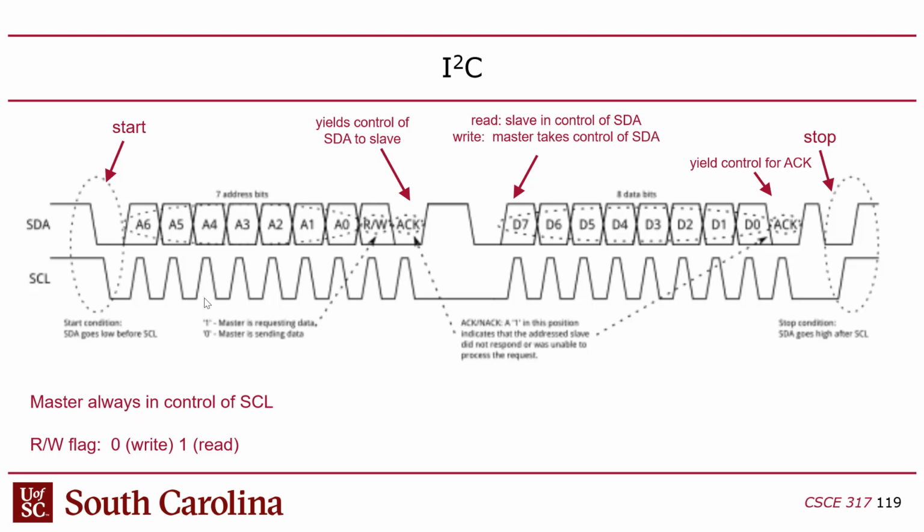When the master is sending data, it will change its data, then bring its clock up, then bring its clock down, and then change its data. The slave will also do the same thing when it's in control. But keep in mind it's a little more complex for the slave, because the master is still the one driving the clock, and the slave has to make sure it doesn't change the data whenever the clock is high.